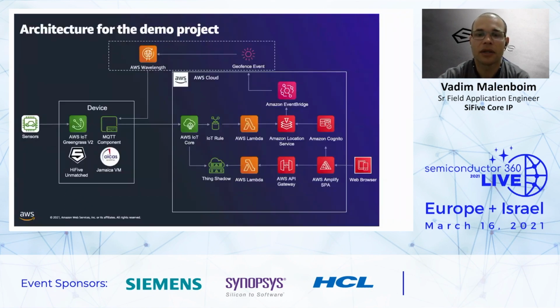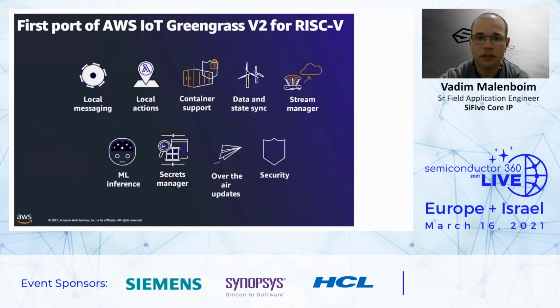At the last Embedded World Conference, Amazon, together with SiFive and Ajax, demonstrated a platform for vehicle management based on the Unmatched board. The demo showcased the Amazon Greengrass IoT solution running on a SiFive U74 core inside the Unmatched board.